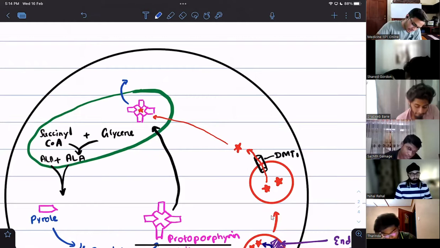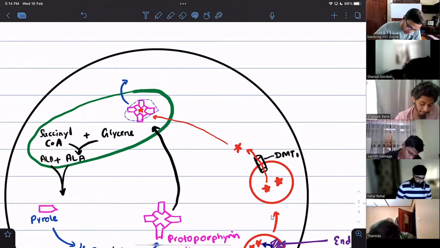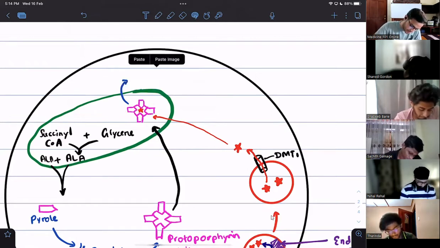What is happening, guys? To this structure, globin chains will be added.